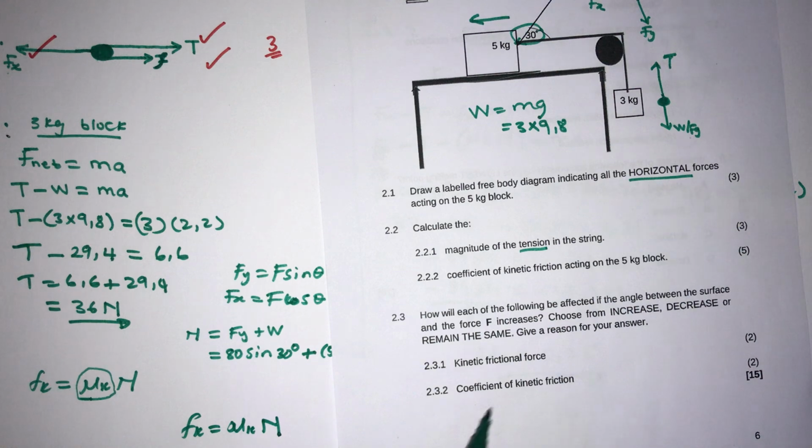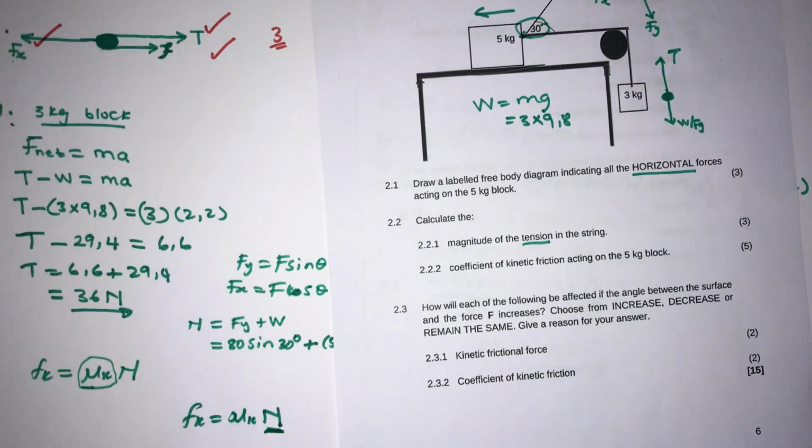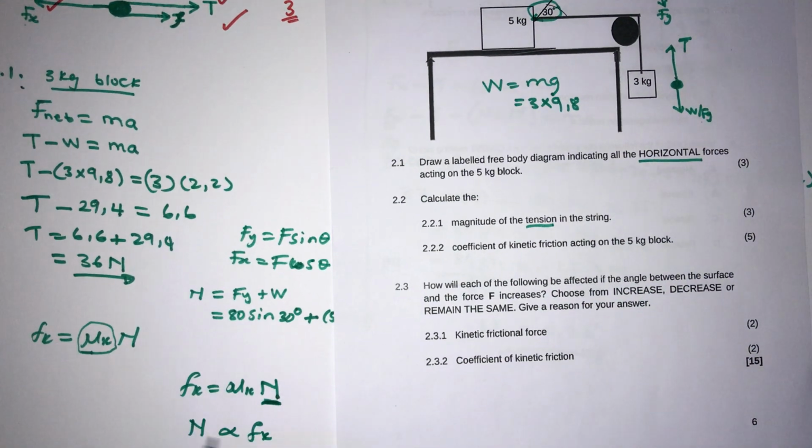So once we increase the angle between the force and the surface, the normal force, it will increase. And check the formula. Normal force here is directly proportional to the kinetic frictional force. Normal force is directly proportional to the frictional force. It means that when we increase the normal force, the frictional force it will increase, right?